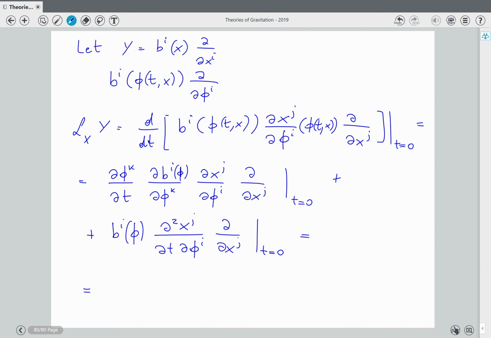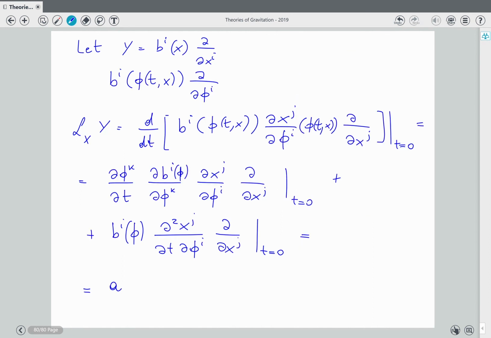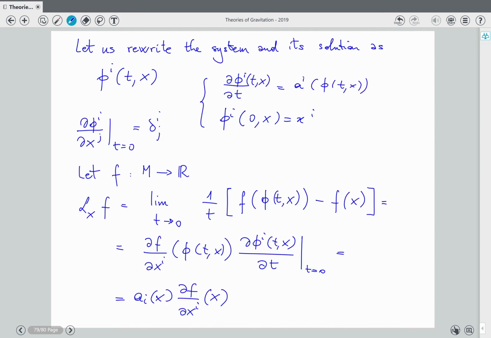Now we can compute this because this object we know that at t equals 0 is just a_k of x, so b_i of phi becomes b_i of x, and phi becomes x. At t equals 0, phi becomes x.